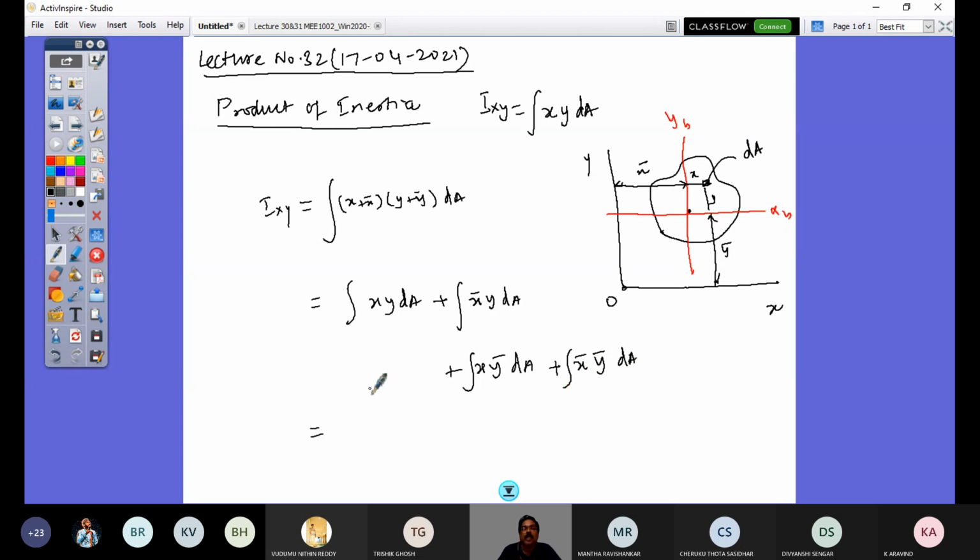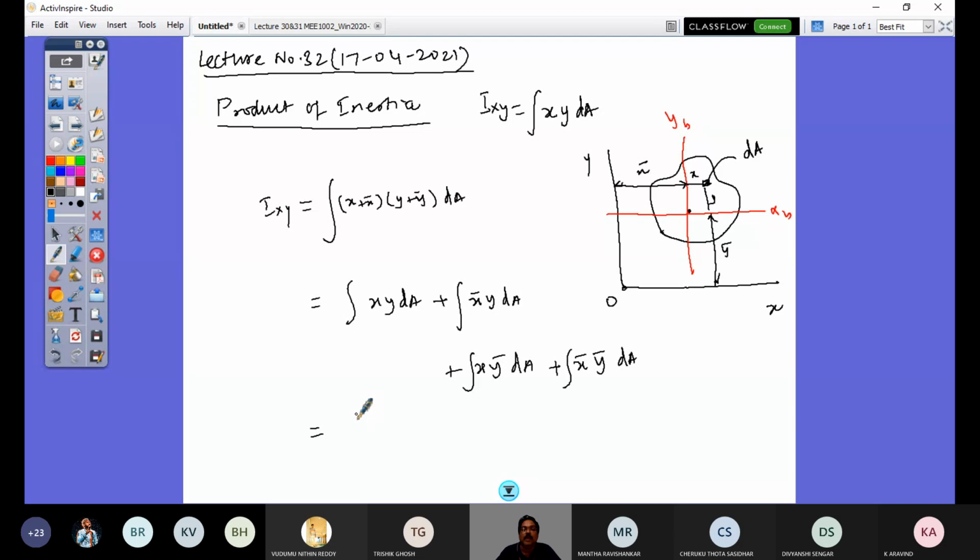So now you see here, xy dA is the section's product of inertia with respect to the centroidal axes xg yg, because the x and y coordinates here, x is from this axis, y is from this axis. So this product into dA is actually the product of inertia about the centroidal axis.